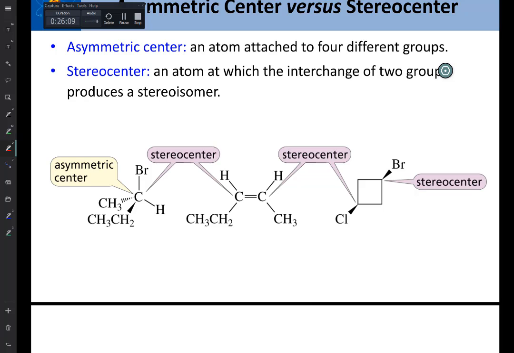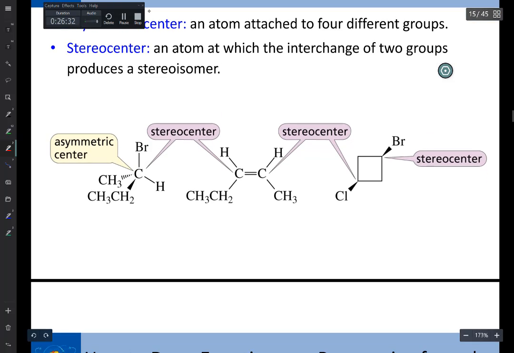But here, it's the chiral center. The same is true of here. These are potentially chiral centers here as well. Now, there's a reason why those are not chiral, and we'll talk about it later, but it has to do with its mirror image not actually being different.